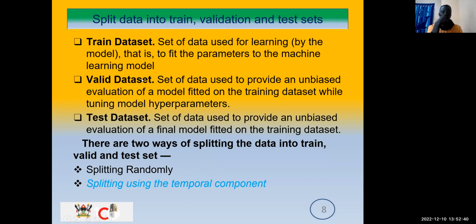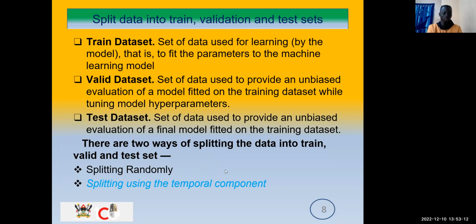Then the validation data set is a set of data used to provide an unbiased evaluation of a model fitted on the training data set while tuning model hyperparameters. And then the test data set is a set of data used to provide an unbiased evaluation of the final model fitted on the training data set.